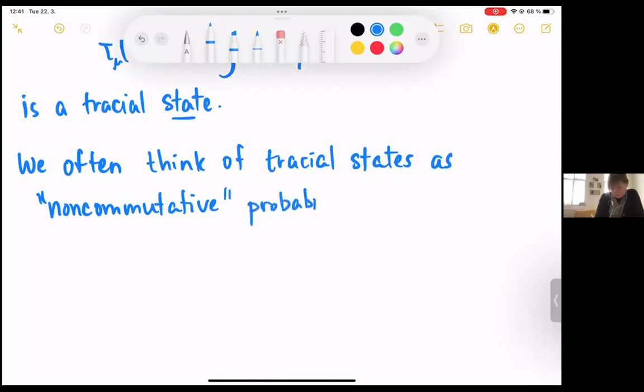And probably later, for example, if Tristan discusses tracial states on certain groupoids, it'll become clear that these are somehow very much linked to measures.